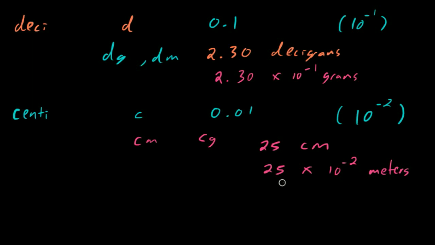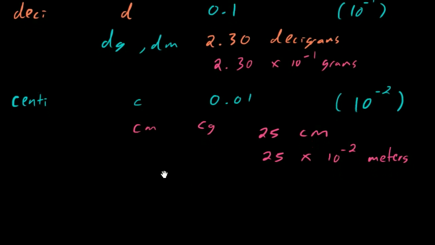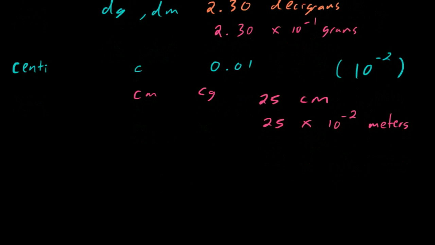So anyway, I think hopefully you're getting the hang of this now. Our next one, after centi, is going to be milli. And probably you've heard of milligrams or millimeters. If you have milligrams, you have mg. If you have millimeters, you have mm. So our symbol for this is just going to be a lowercase m.